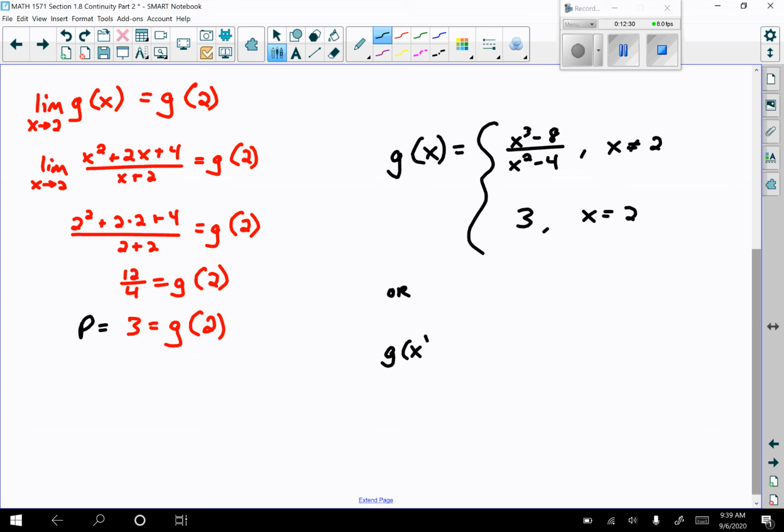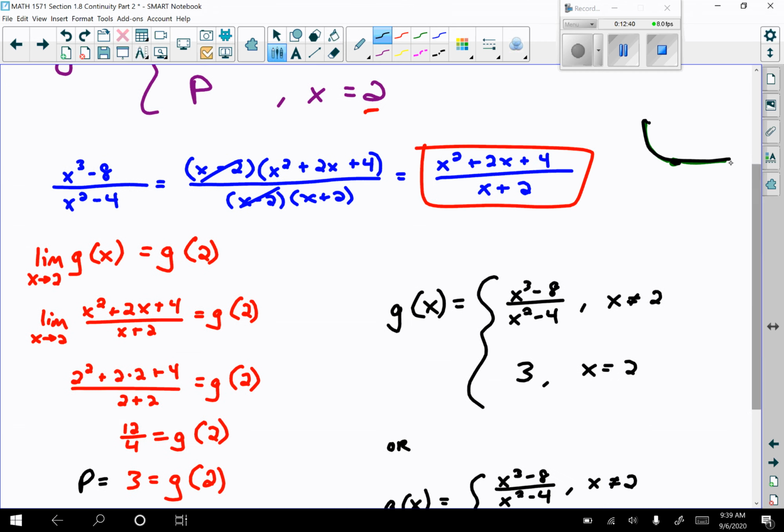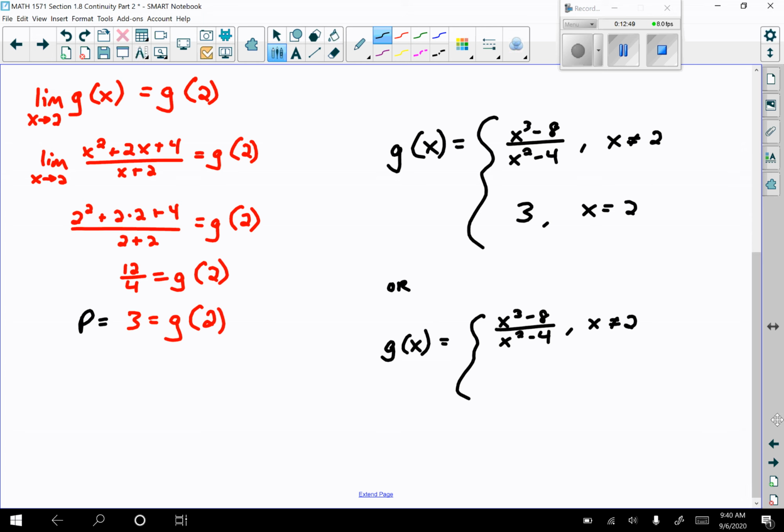Or you could say we have g of x is equal to the x cubed minus 8 over x squared minus 4, as long as x doesn't equal 2. And then we could take what we got simplified here. So it's this part right here, because what that's going to do is just graph this part right here without the hole. So we could just say it's equal to x squared plus 2x plus 4 over x plus 2, when x is equal to 2.